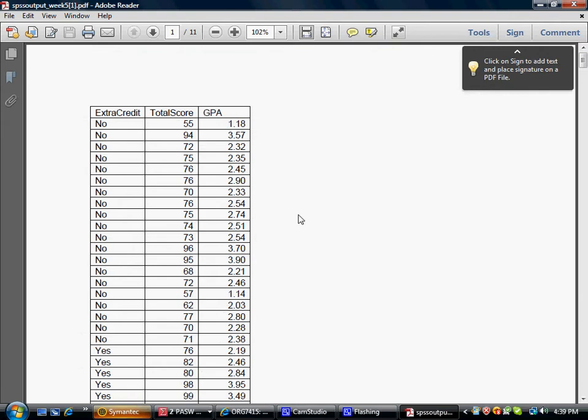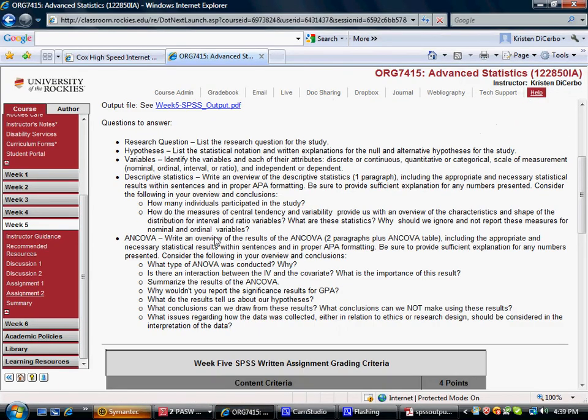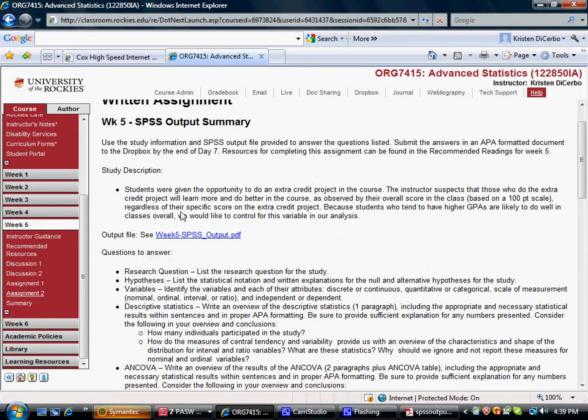We have 3 variables here. We have extra credit, whether the person did extra credit or not, their total score on the final exam, and their GPA. If we look up in our description, we see that students were given the opportunity to do an extra credit project. The instructor suspects that those who do the extra credit project will learn more and do better in the course, as observed by the overall score in the class, regardless of their specific score on the extra credit project.